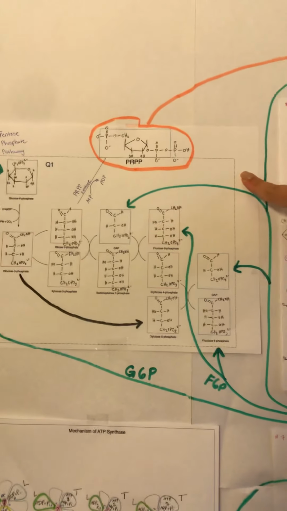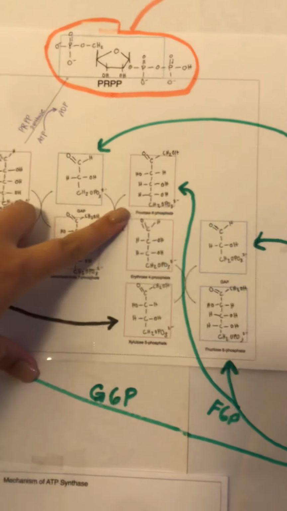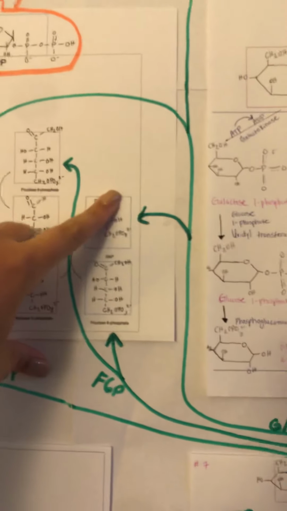Now, going back up to here, we have our pentose phosphate pathway. Essentially, we're wanting to produce this PRPP. So we're using, again, this glucose 6-phosphate as well as our fructose 6-phosphate, our GAPs, all of these from our glycolysis pathway, which you can see I tried as best as possible to organize these notes.